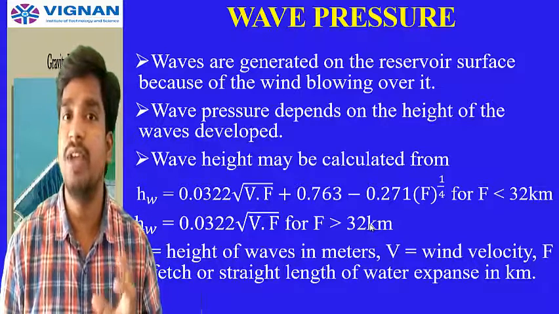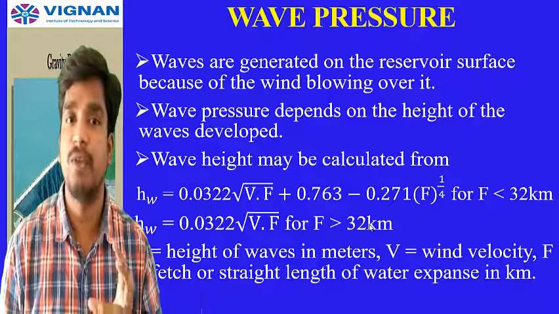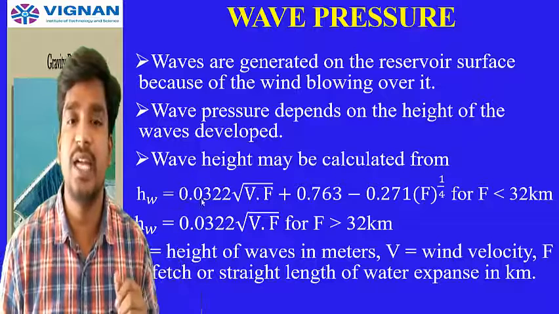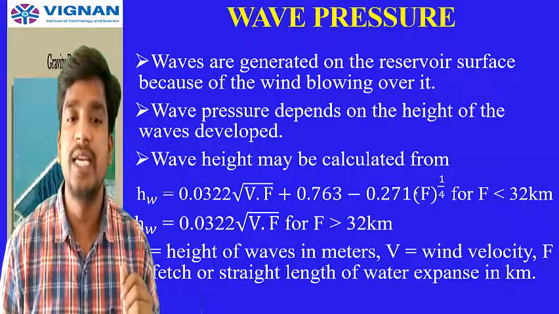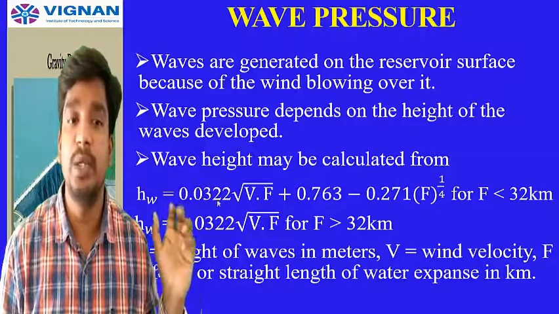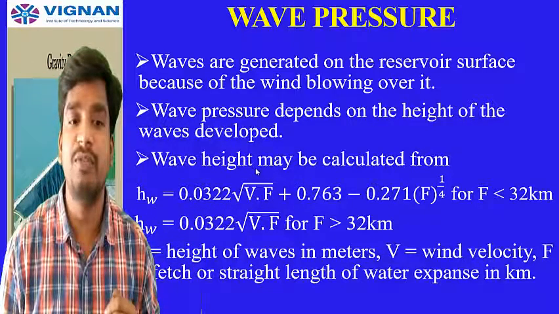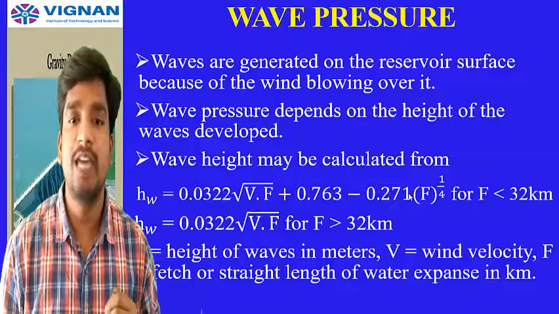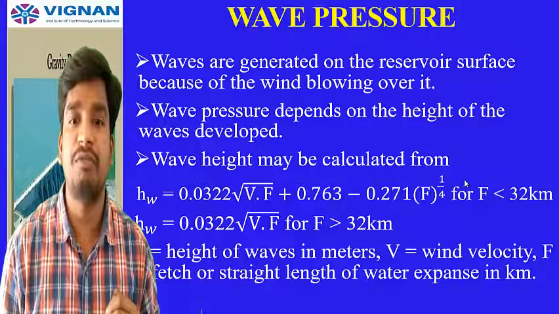So how to compute the height of the wave? For that we have formulas given here. Hw indicates the height of the wave. It is considered as 0.0322 root of V times F plus 0.763 minus 0.271 F to the power of 1 by 4, for fetch F less than 32 kilometers.